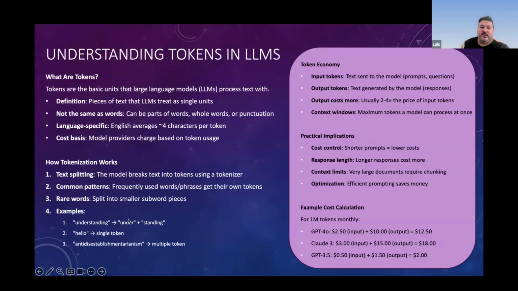We can count the first part as 1 token and standing as a second token, so that's 2 tokens. Meanwhile, hello could be 1 token, and a very long word could be broken down into maybe 3 or 4 different tokens because it's a longer word. But there is no one particular way, simply because different models use different ways to calculate what tokens are. But you can definitely use token calculators to help you understand and break down what you think your tokens will be.